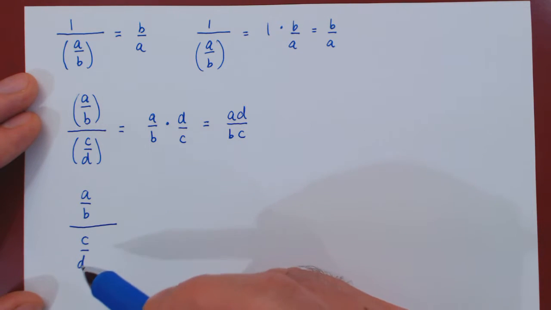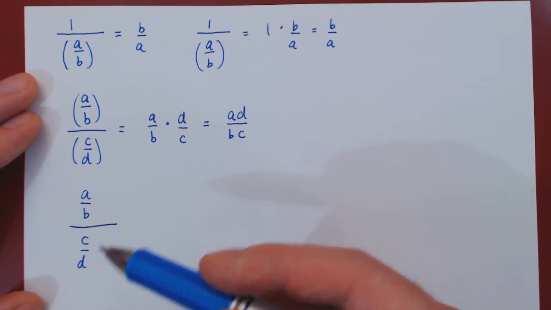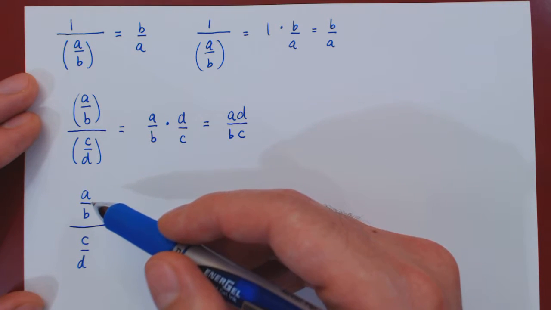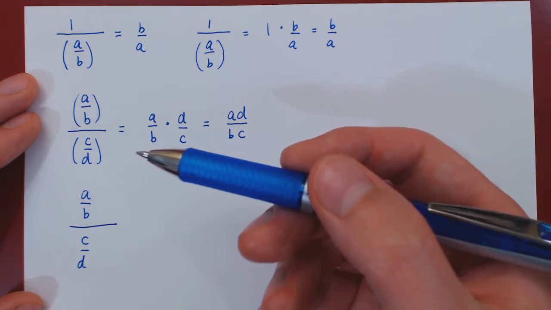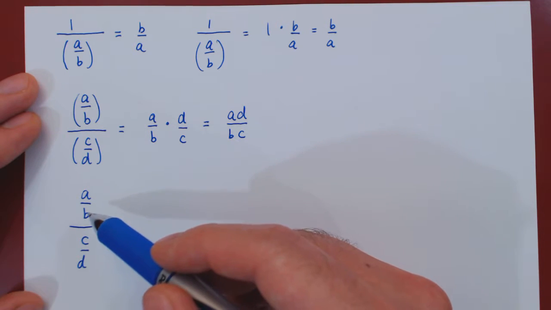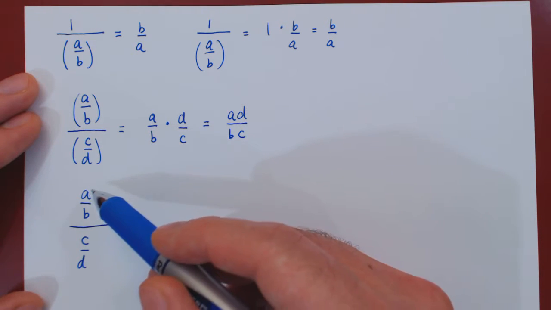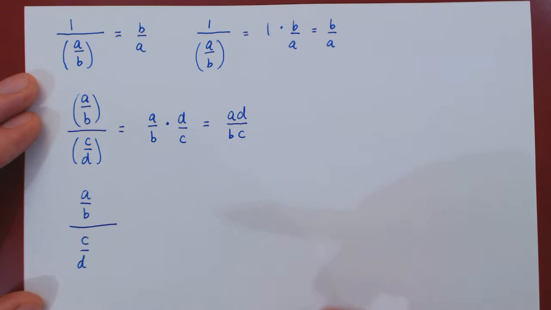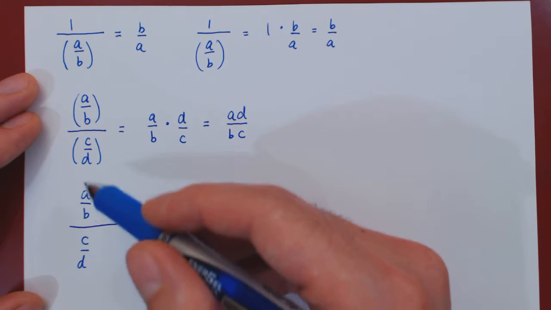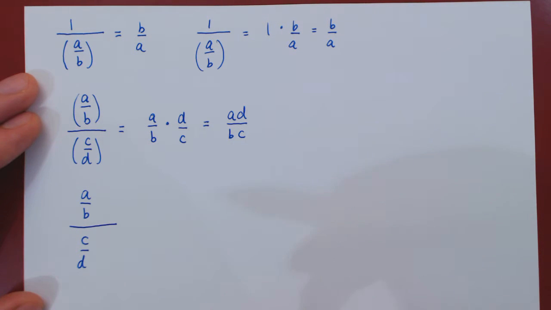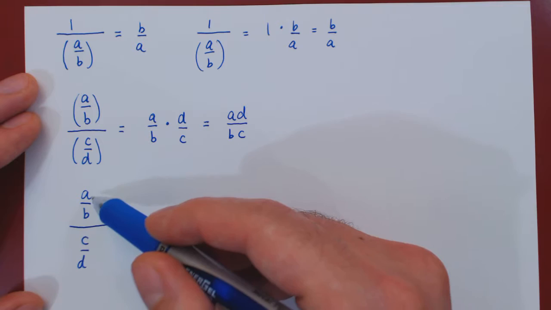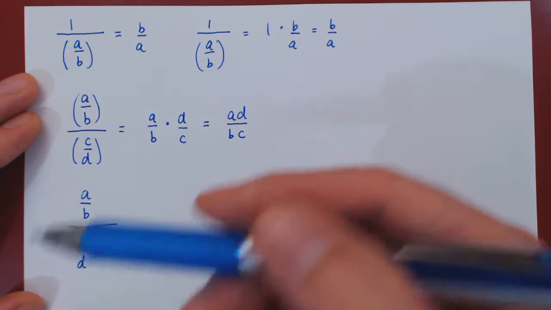But if b and d are not the same, then we're taking ratios of pieces with different sizes, right? So if b is different than d, we have a pieces of a given size, and here we have c pieces of a different size. So the idea is, well, if we have a ratio of pieces, you need them to be of the same size. So you need both fractions to be under a common denominator.